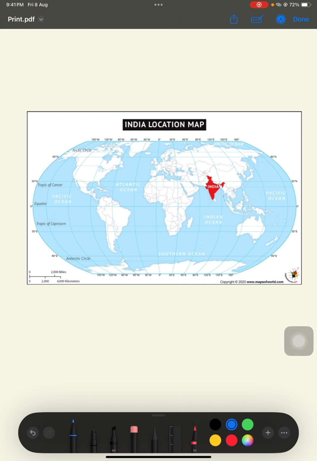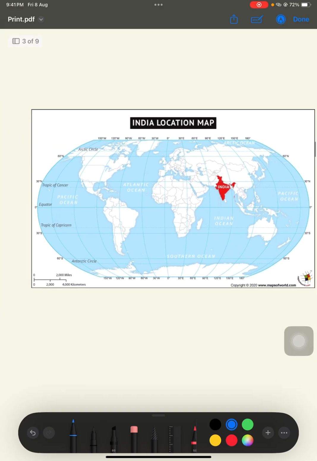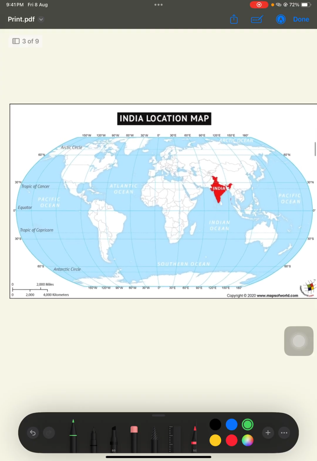We want those latitudinal and longitudinal lines to locate countries or important places on Earth. Take for example India. If you want to know where India is exactly located, see here, on which degree latitude and which degree longitude it is located.